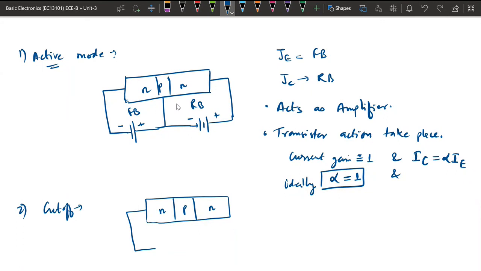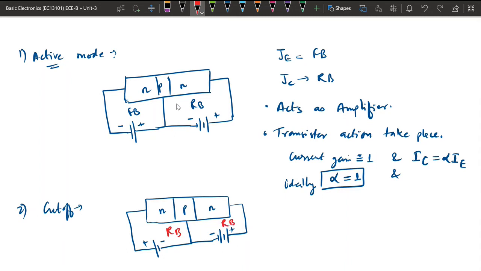Reverse bias means we provide the biasing with positive here and negative here, and this junction should also be reverse biased. So both the junctions are reverse bias.